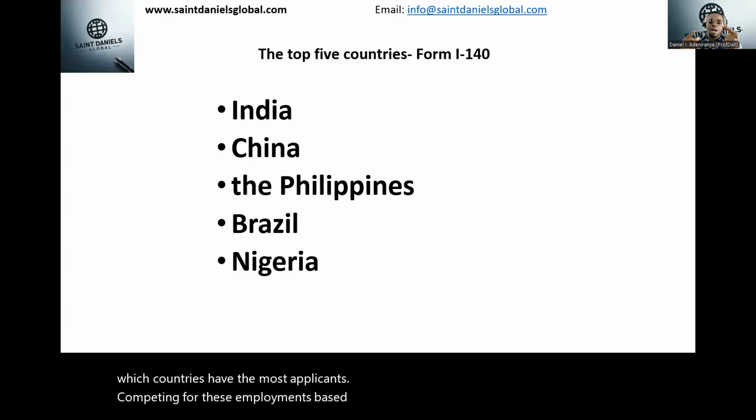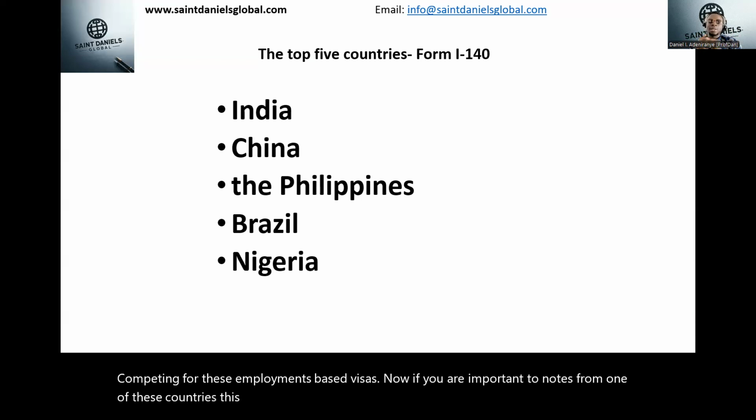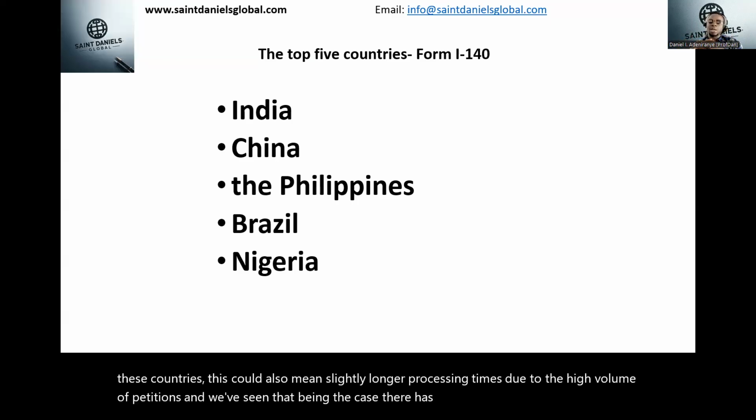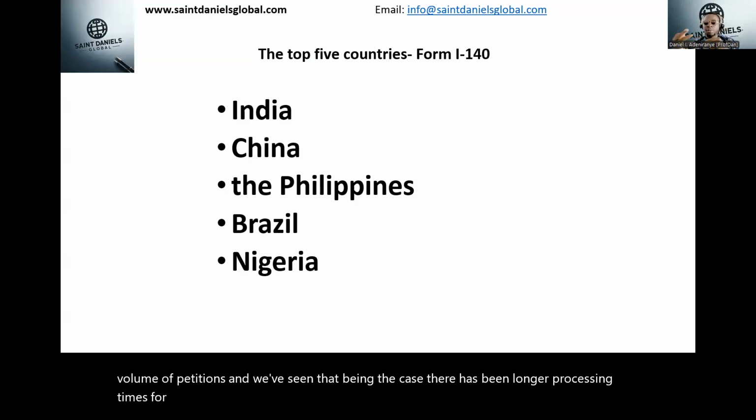Now, it is important to note that if you are from one of these countries, this could also mean slightly longer processing times due to the high volume of petitions. And we've seen that being the case. There have been longer processing times for applicants from Nigeria.